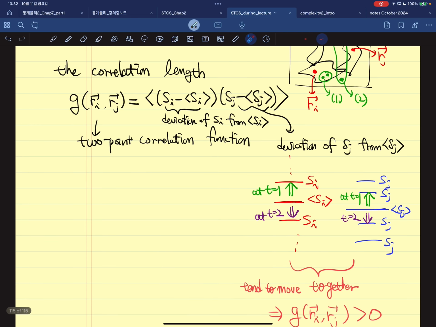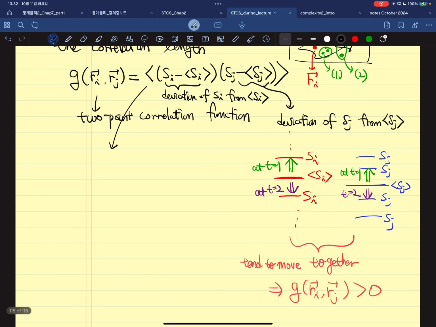The correlation length in the Ising model is usually defined like this. But let's recast this formula here. We can just expand inside this large average, the outside average.